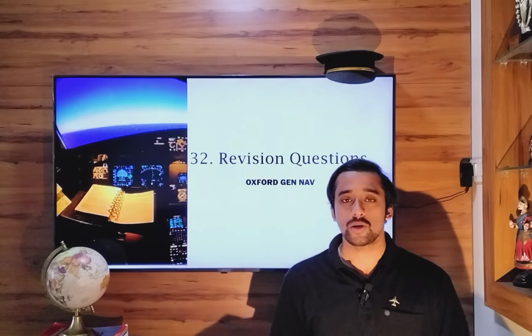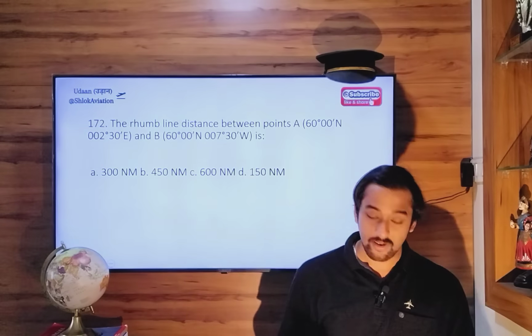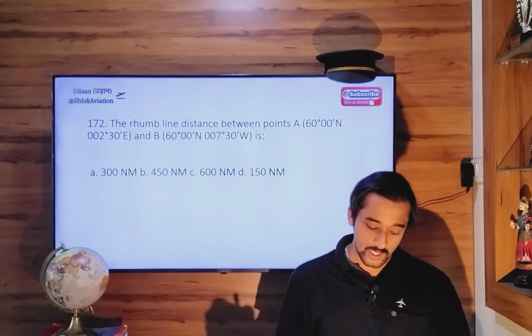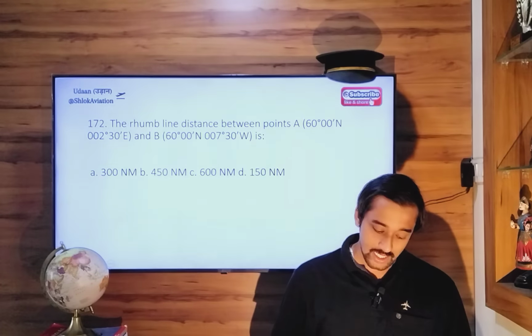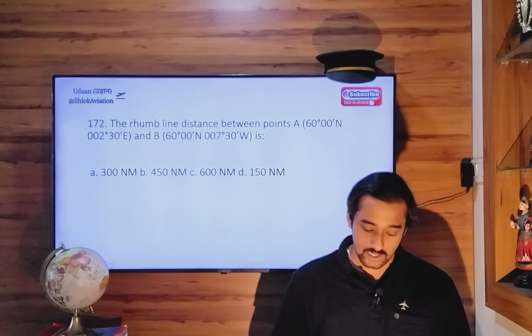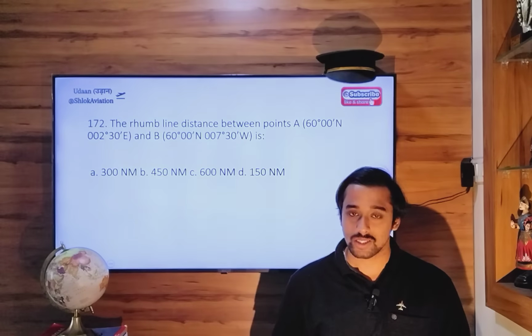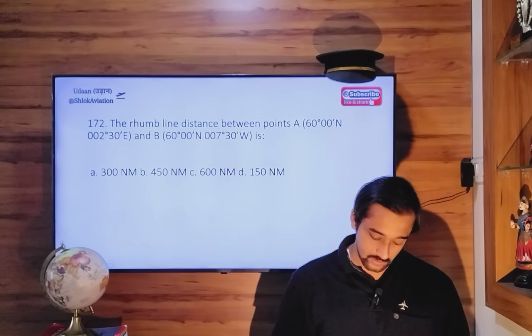So let's start with today's question number 1, which will be question number 172. Simple question. The rhumb line distance between points A and B is what? Point A is 60° north, 2° 30 minutes east. Point B is 60° north, 7° 30 minutes west.